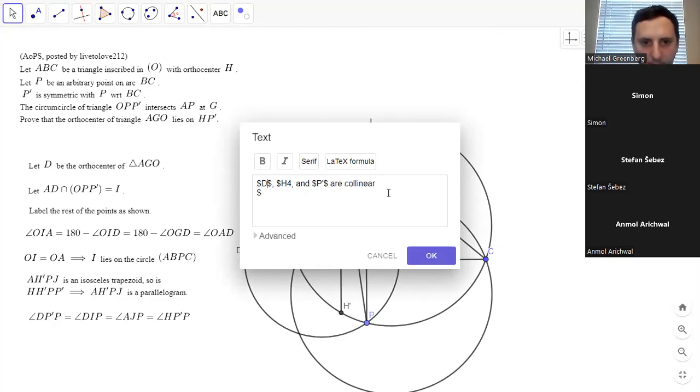And that means that the orthocenter of GEO lies on H P prime. All right, that's another good problem.